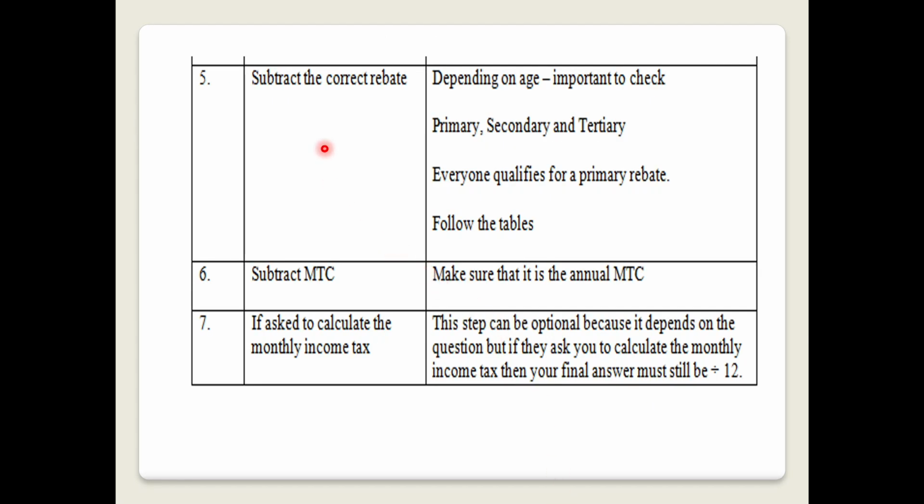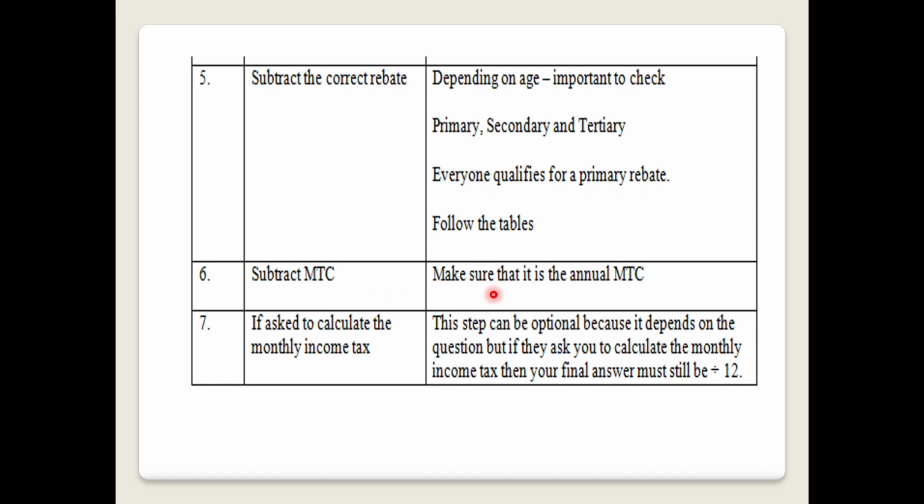Then you subtract the correct rebate. Depending on the age, it's important to check. We get primary, secondary, and tertiary, and every person qualifies for a primary rebate, and then you follow the tables. After you've subtracted the rebate, you subtract the medical tax credits.